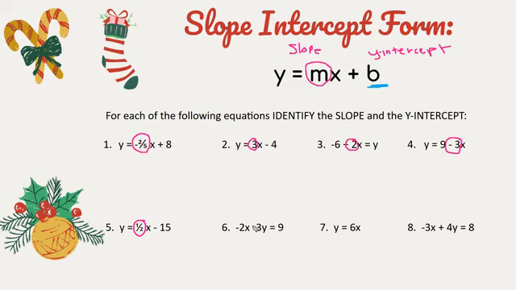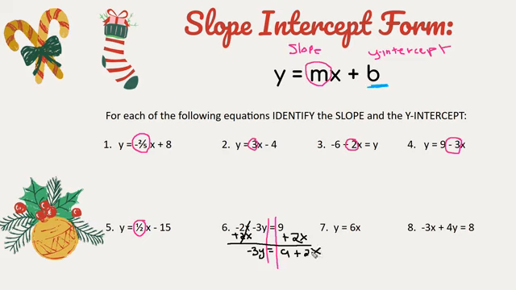Now this one, we're going to have to do a little bit of manipulation. Okay. Now, I'm going to do this in block. The first thing I've got to do is get y by itself. So I'm going to do the inverse operation here. I'm going to add 2x to both sides. I'm going to go across. And now I have equals negative 3y equals 9 plus 2x.